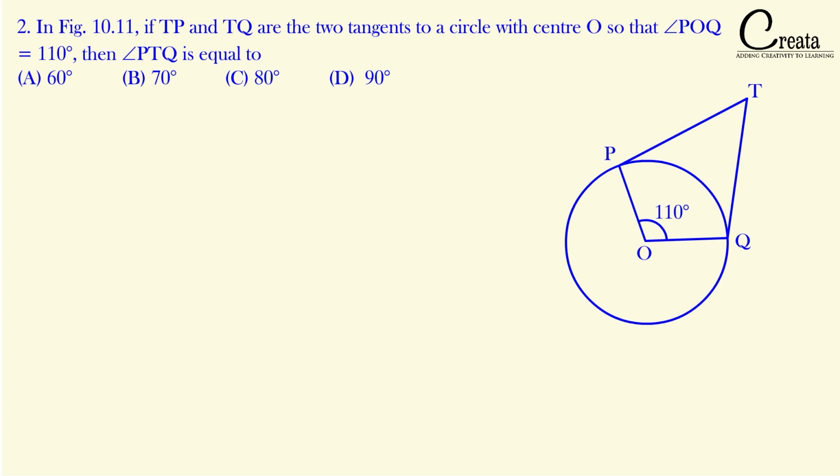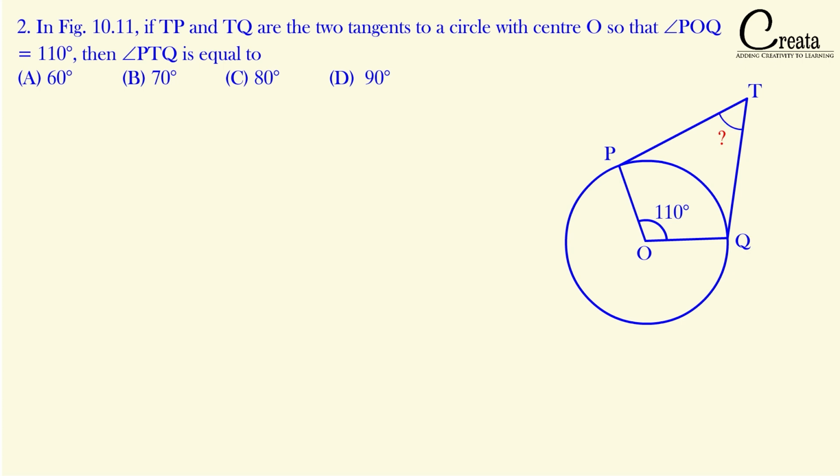In this figure, we are having a circle with the center as O and we are having an external point T from which we are having two tangents, the tangent TP and tangent TQ, and OP and OQ are the radius of this circle. One angle is given 110° and we have to find the angle PTQ, this angle. So let's approach the question.